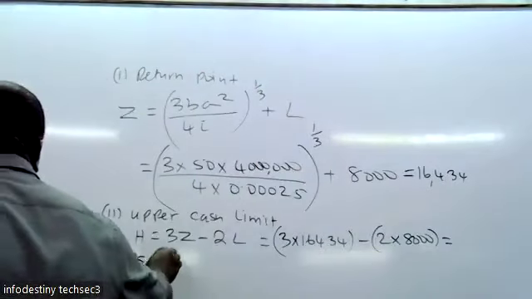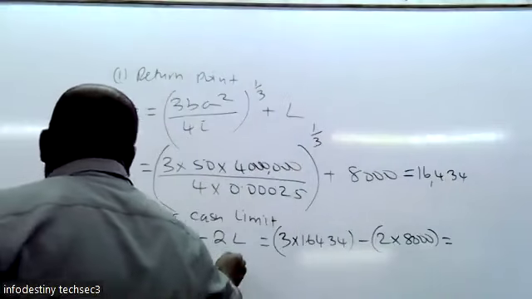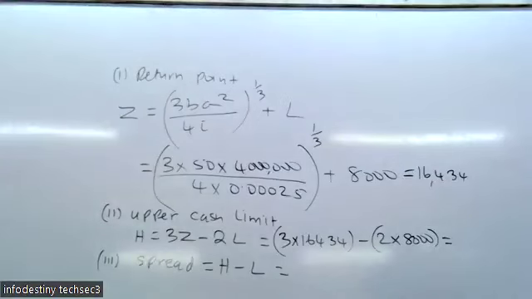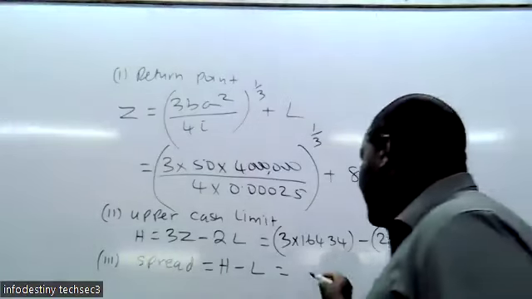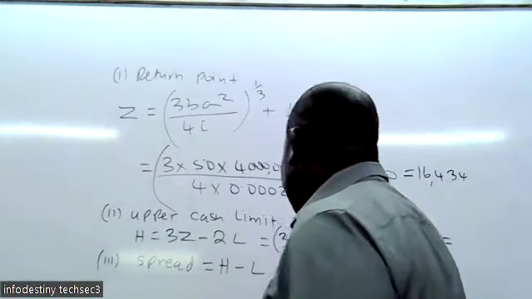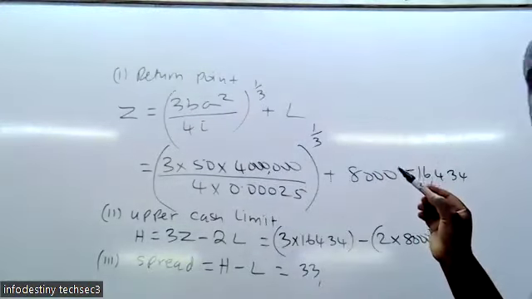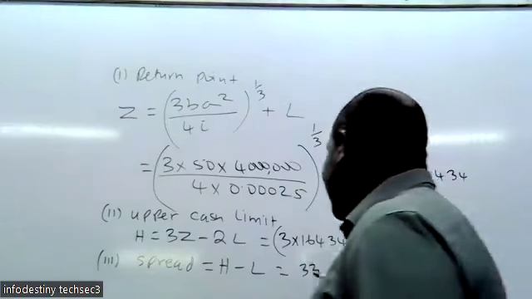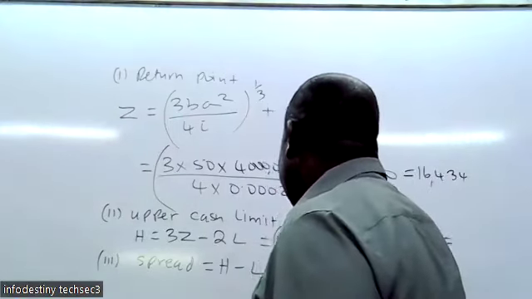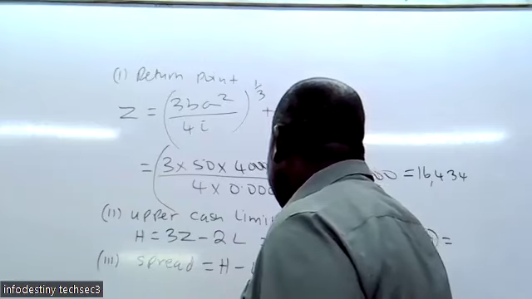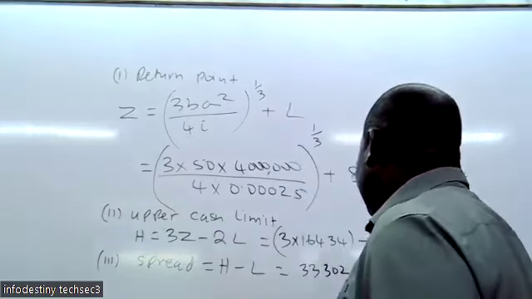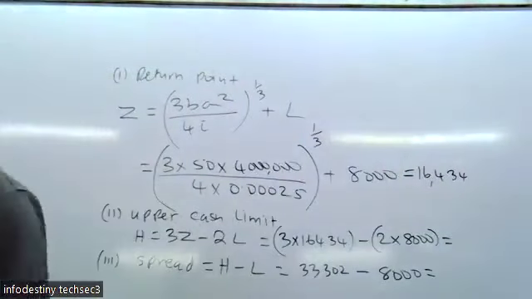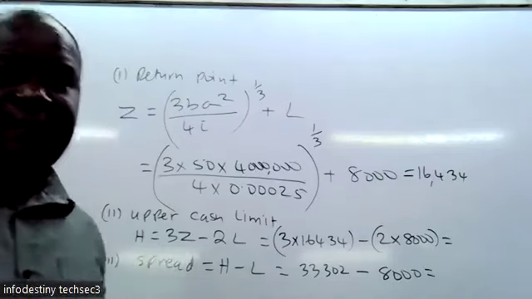So the spread is going to be H minus L. So H, you have gotten which figure? 25,302. So you subtract 8,000 and get 17,302.